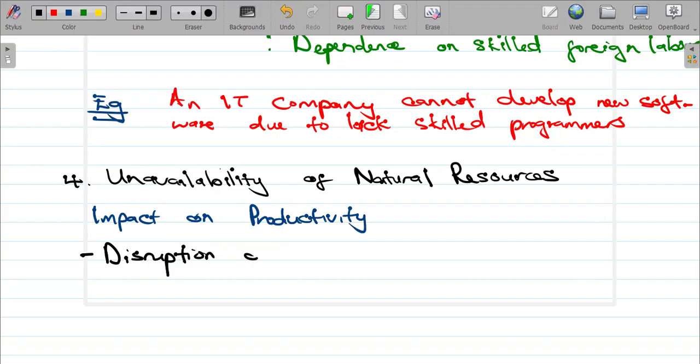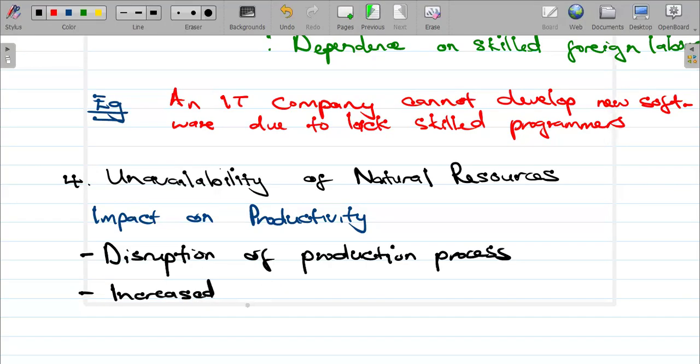Disruption of production process due to lack of raw materials, or it might be increased cost of sourcing raw materials.